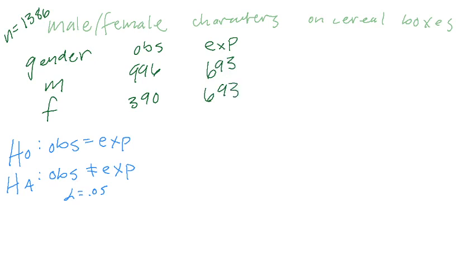So for example, if you were to do a question like this on a quiz or on a homework, these values might be given, but they might not be given, all right? If it's something like this where we're assuming an equal number, I might expect you to get the expected values for yourself, but sometimes they'll be provided. So let me know if you need clarification on that, but in this case, you would be finding these yourself.